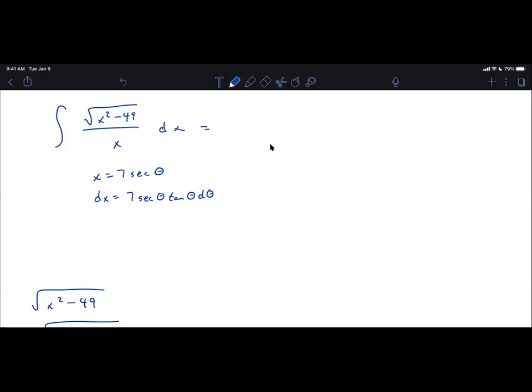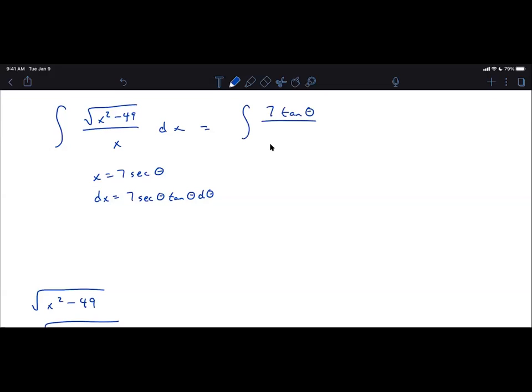And now we're going to factor the 49 out. And then secant squared minus 1 is tangent squared. And so then that's 7 tangent theta. So we got 7 tangent theta on top. So the square root gets replaced with that.